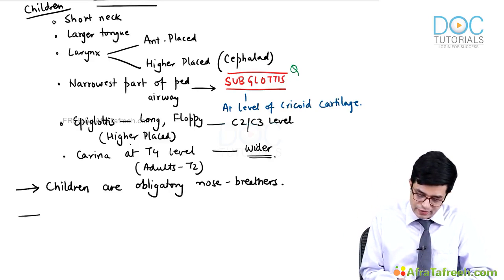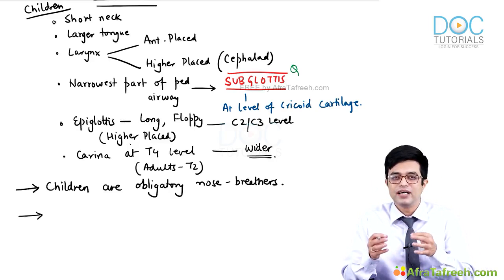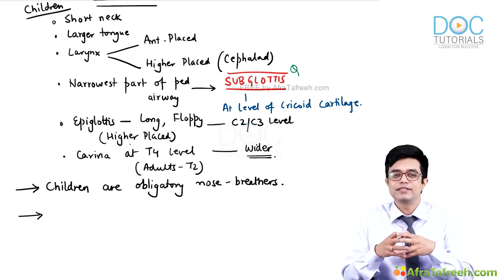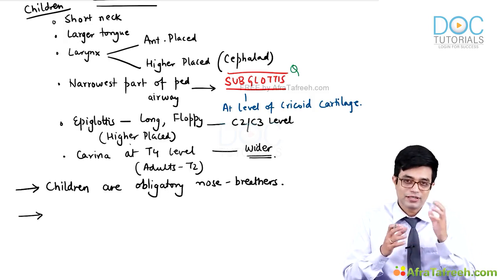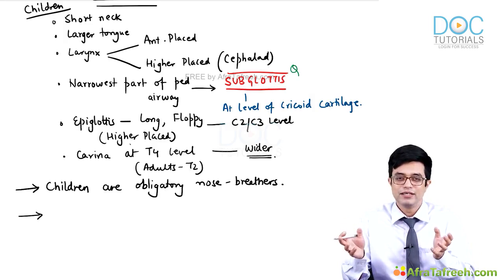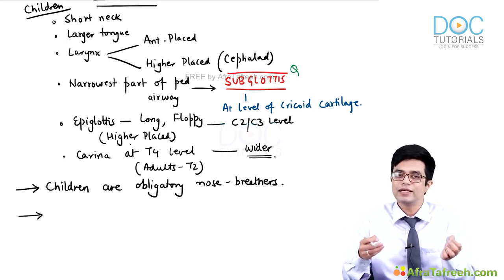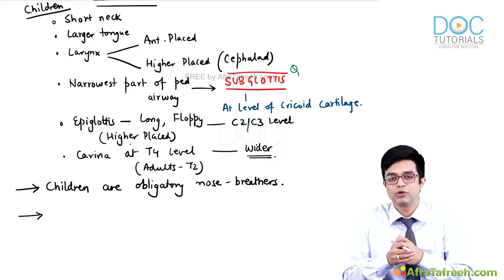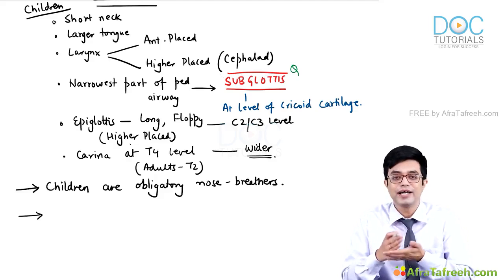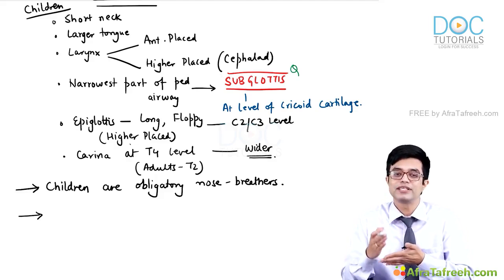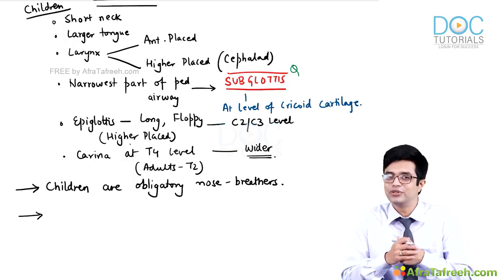Secondly, there was a question asked some years back. Why are young neonates and infants able to breathe and suck at the same time? Sucking from the breast and breathing cannot be done together in a normal adult, but an infant is able to do both of them. How is it possible and why? It is possible because of the higher placed larynx and epiglottis in the child, and so both the processes can continue together.